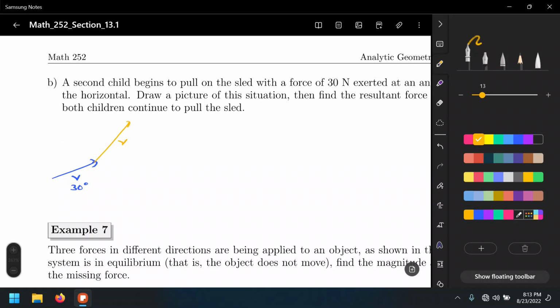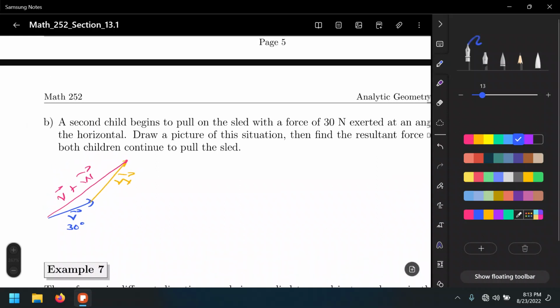Let's call that W. The idea is that we're going to find the total force, that is the force applied by the first child plus the force applied by the second child's effort. That's going to give rise to our resultant vector, V plus W. In a very similar way, all we're doing is putting a story to these operations.